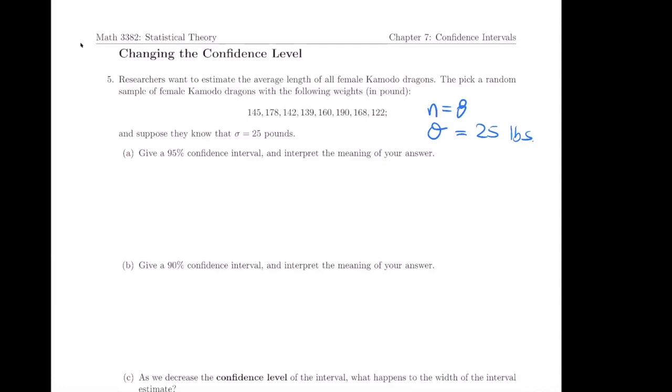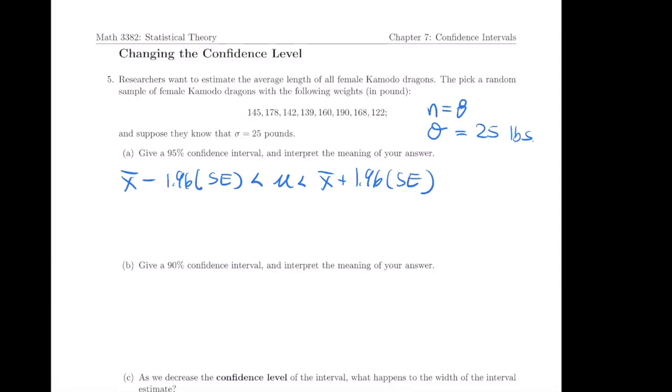So using that previous method that we have, we can go 2 standard errors, 1.96, above and below our sample mean.